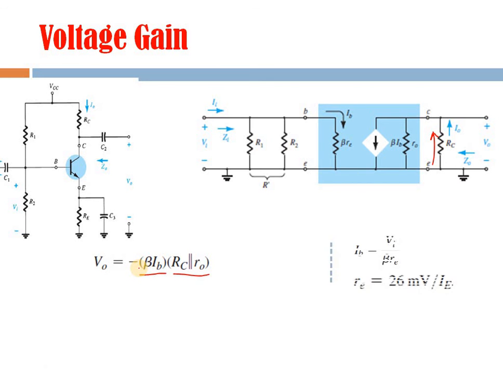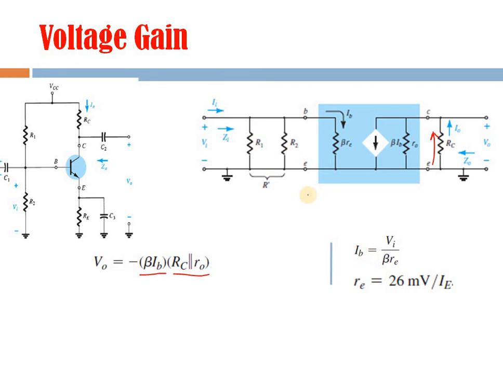Now, this IB is given by VI divided by this. VI is the input voltage, and this beta into RE is the input resistance of this part, and this is the resistance which is going to dominate in this whole parallel combination, because these values R1 and R2 are normally chosen very high.